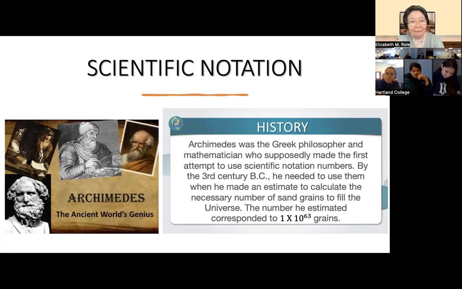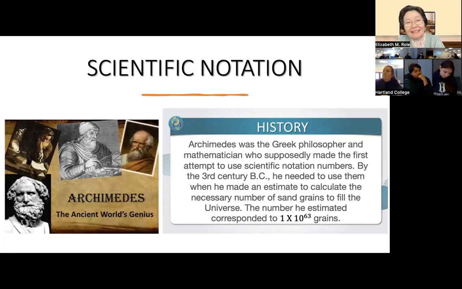And it's so interesting that he thought of this because he tried to estimate the necessary number of sand grains to fill the universe. Isn't that interesting? Mathematicians would just try to go beyond their own world and think of something bigger than them.